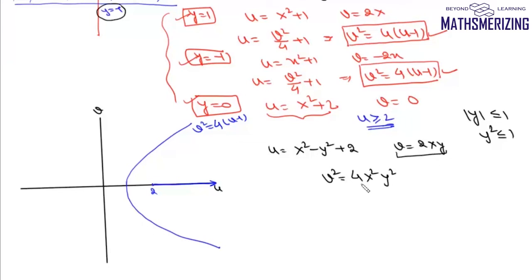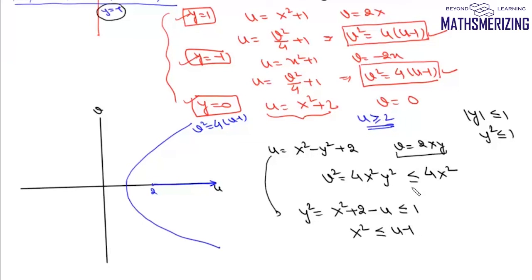So v square is less than or equal to 4x square. Now from the first equation, y square is x square plus 2 minus u, and again it is less than or equal to 1. So x square is less than or equal to u minus 1. So now we have two inequalities: v square is less than or equal to 4x square, and x square is less than or equal to u minus 1.